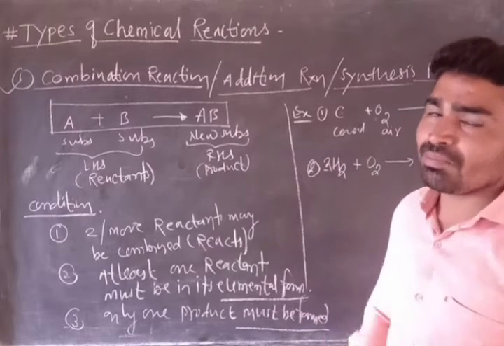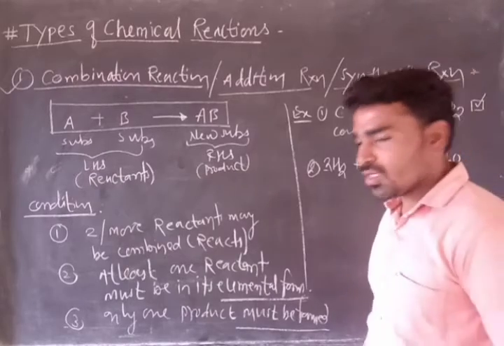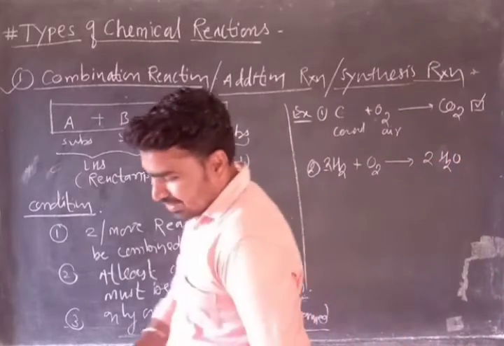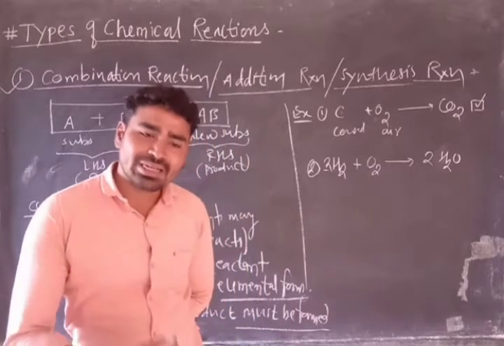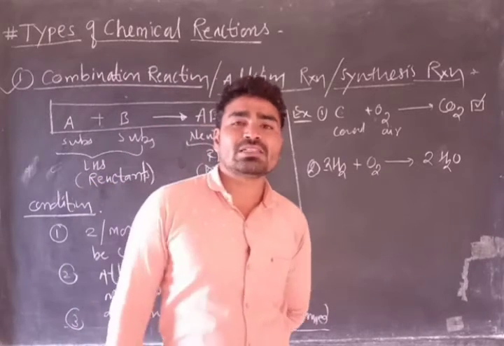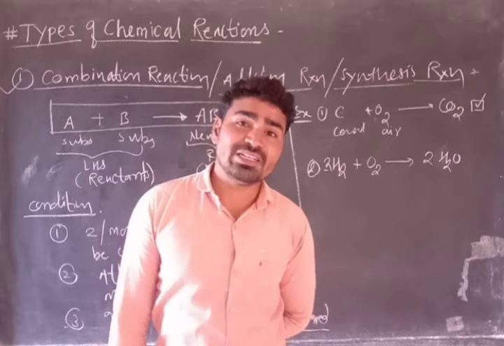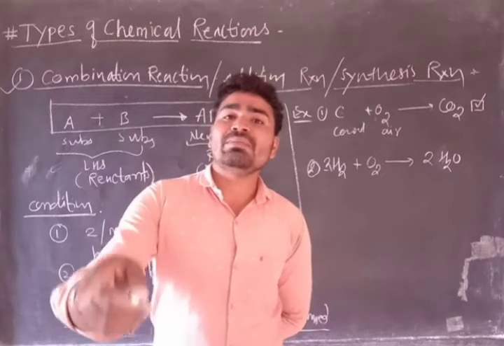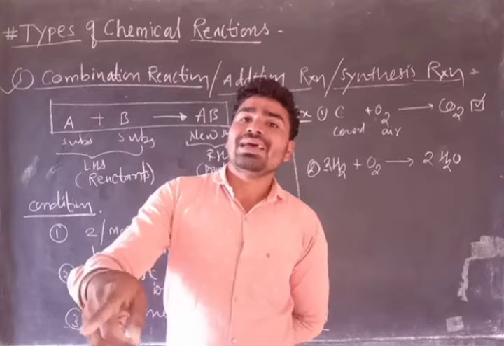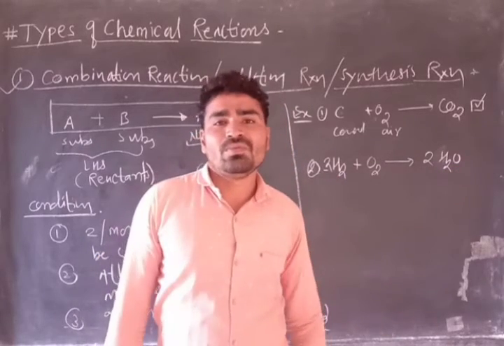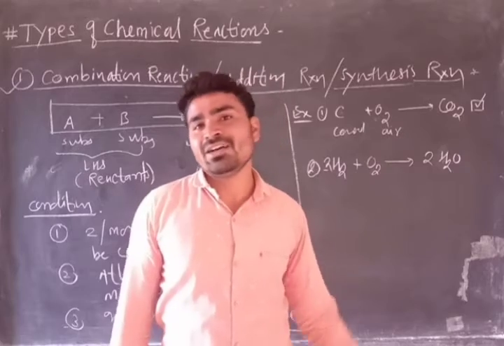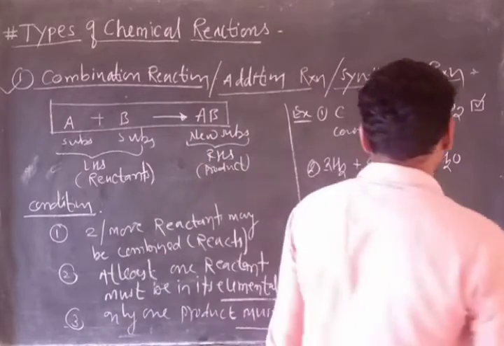Because I have to balance the chemical reaction. As I told you in the introduction of this video, in reactions atoms participate and atoms can neither be created nor destroyed. That is, the kinds of elements and number of atoms on the reactant side must be equal on the product side, or RHS.